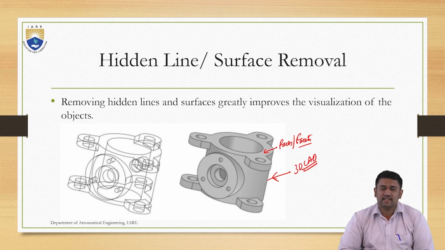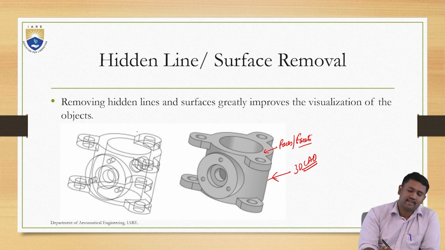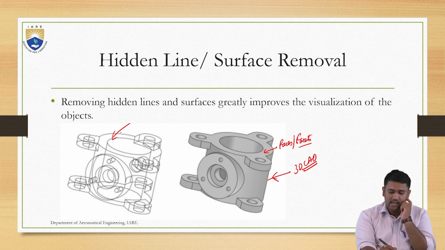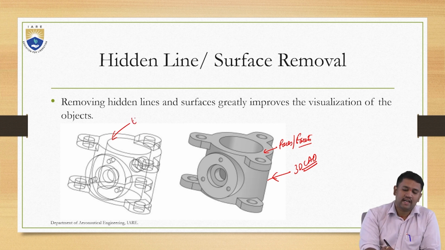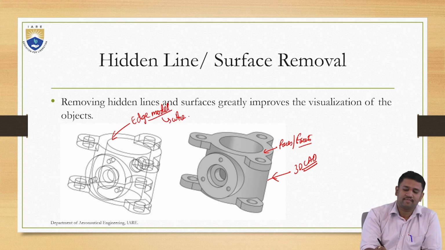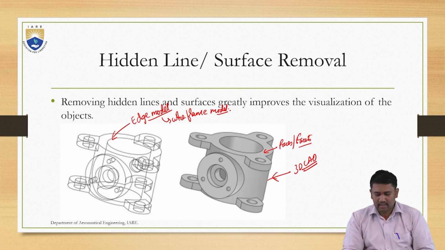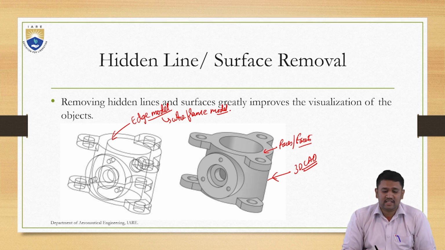So, what happens during this? Whenever it is being displayed, particular things are to be done from a particular section. If you are hiding it as a whole object, then it will be only in edge model type, which is nothing but also a wireframe model. Why are hidden lines or hidden surfaces necessary?